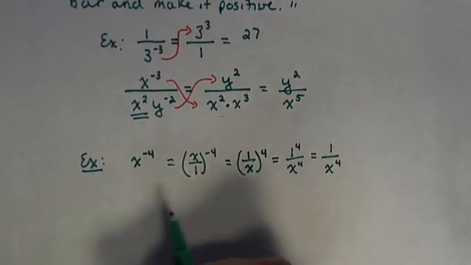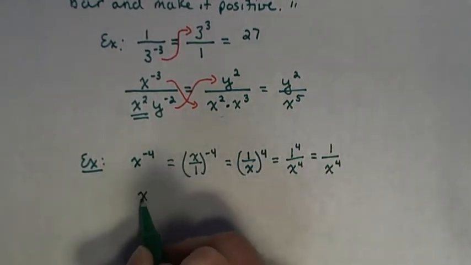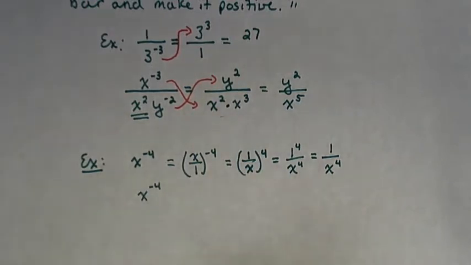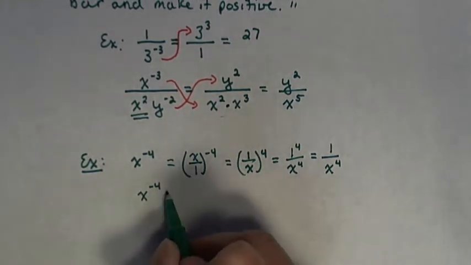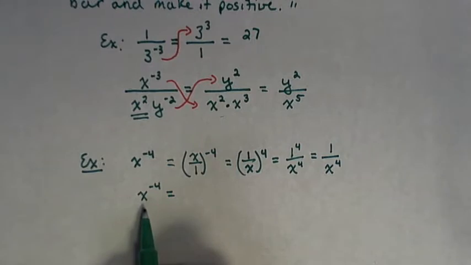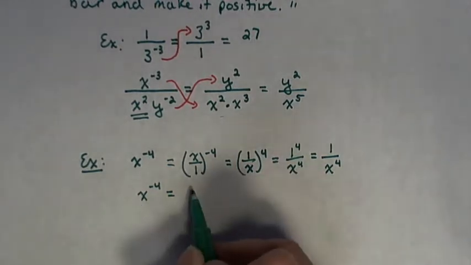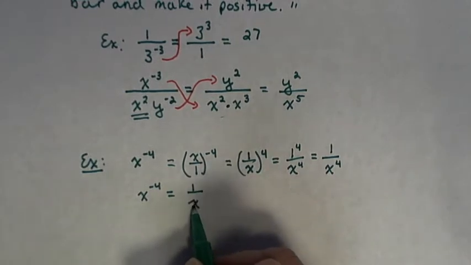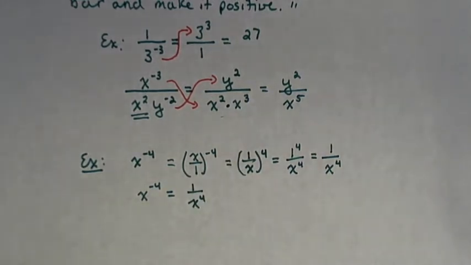So let's say that I take a look at this problem again, x to the negative 4th. Now I could have just chosen to apply rule number 6 and just said this is 1 over x to the 4th, and I would be done.